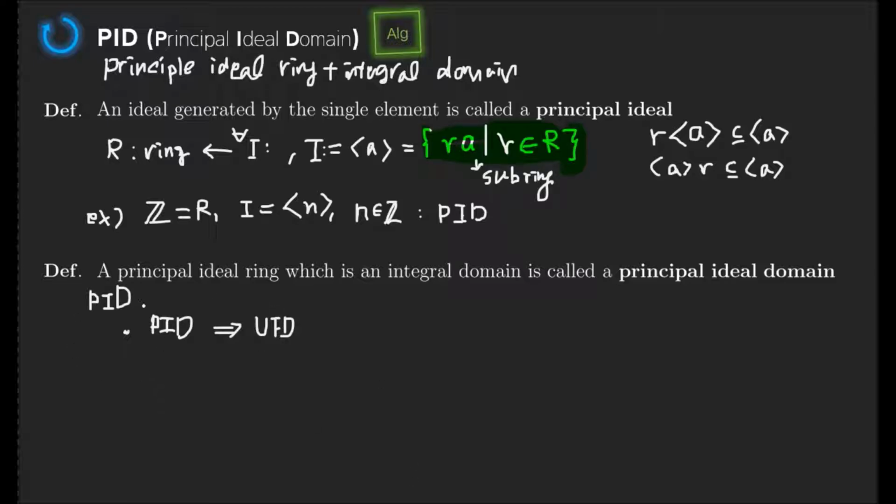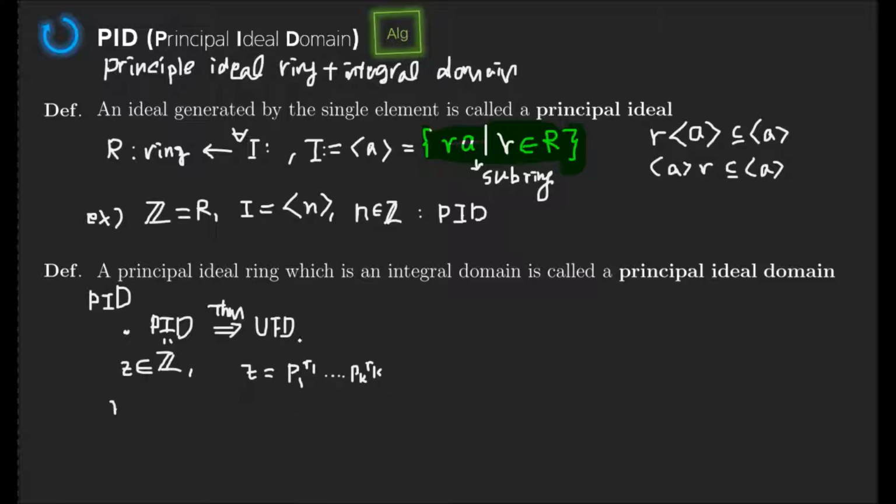For example, we know the integers Z is clearly a principal ideal domain, so by this theorem, the integers are a unique factorization domain. That means that for every integer n given, n is p1^r1 through pk^rk, some primes with some exponents.